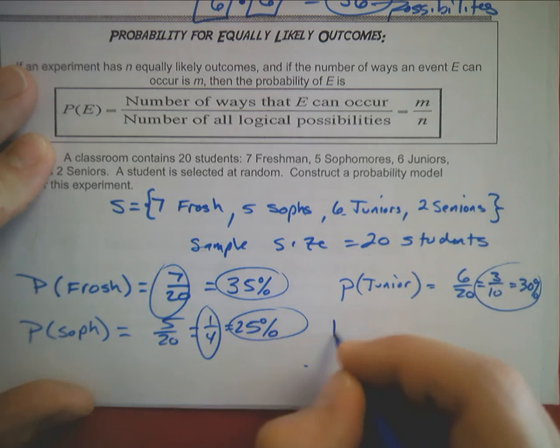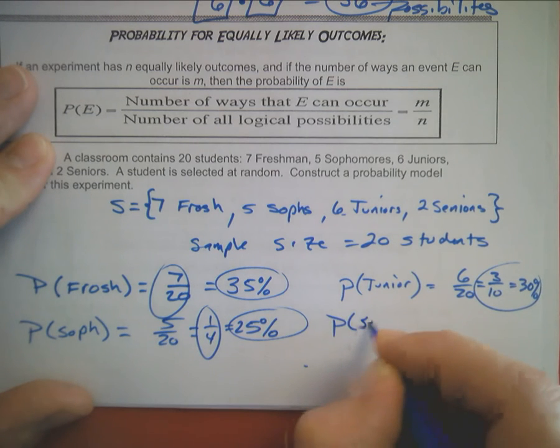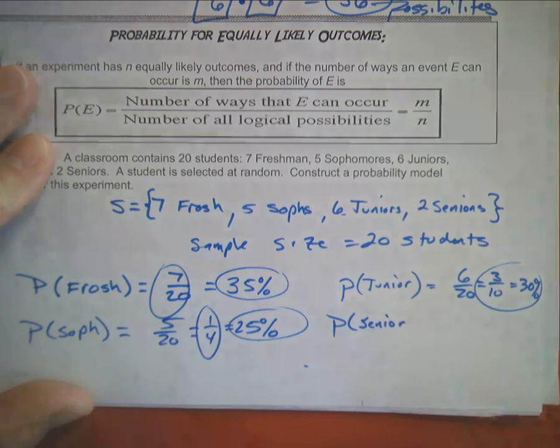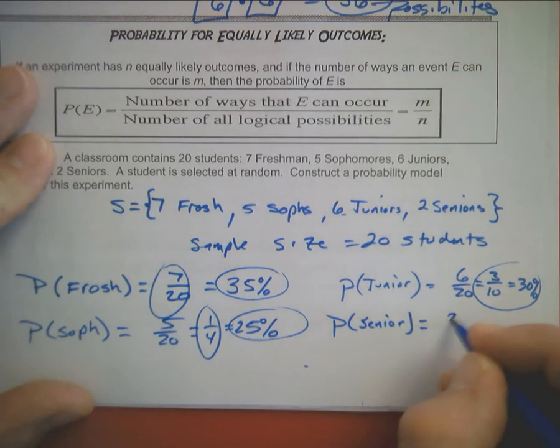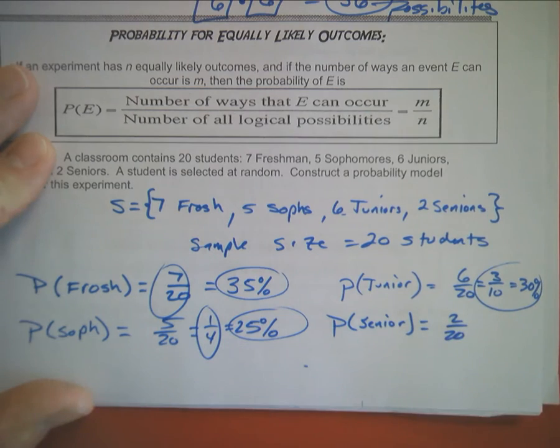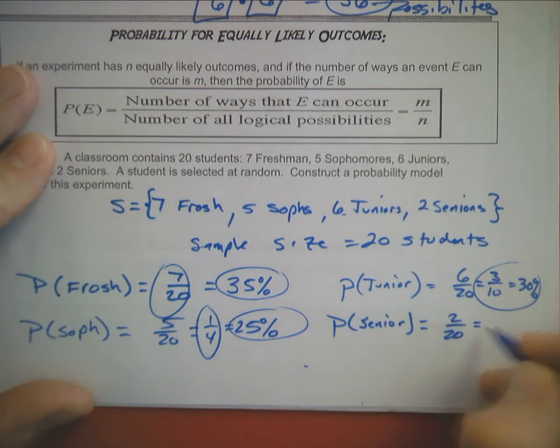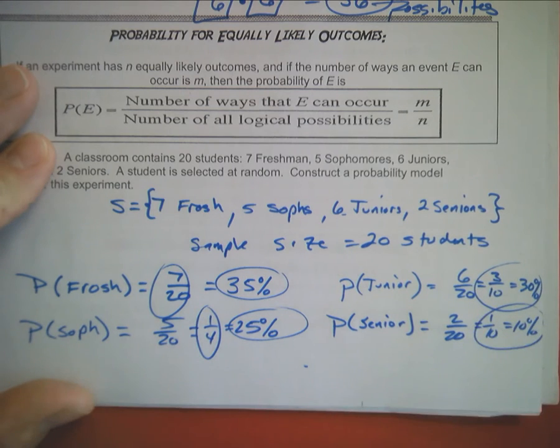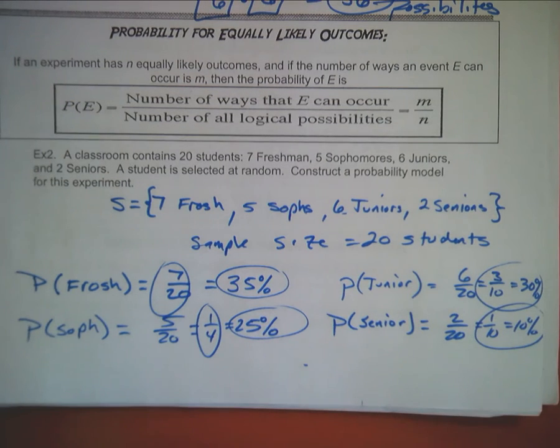And then last but not least, probability of getting a senior. If I want a senior, there's only 2 of them. That's 2 out of 20, reduce. We know that's 1/10, which is 10%. Okay.